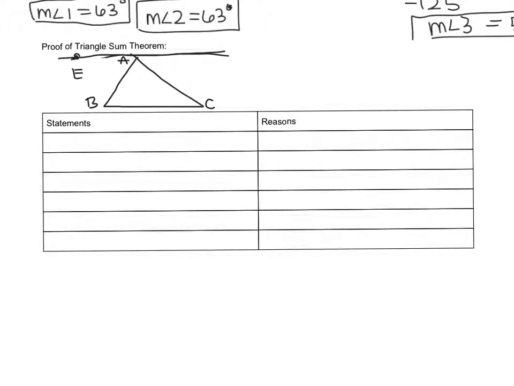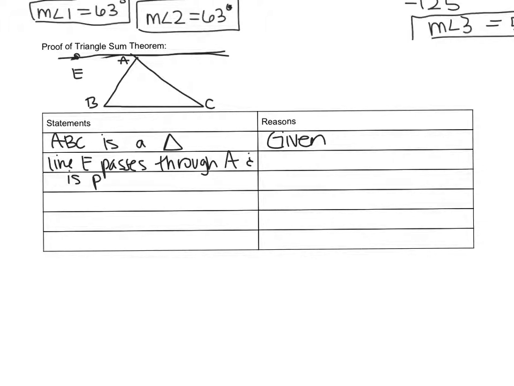So I'm going to tell you what we're given. We're actually going to be given 2 statements. One of them is that ABC is a triangle. The second is that line E passes through A and is parallel to BC.